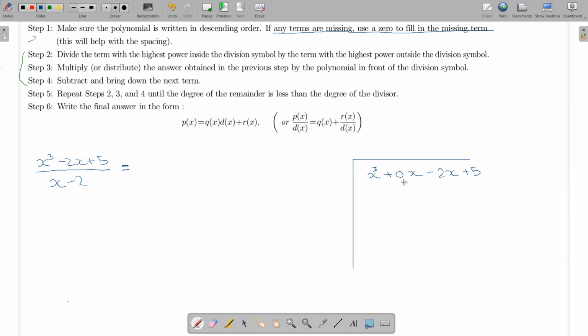If you want, you can skip this 0x squared, but you have to be careful when you subtract. It's easier if you write it. Why is 0x squared here? Because x squared is missing.